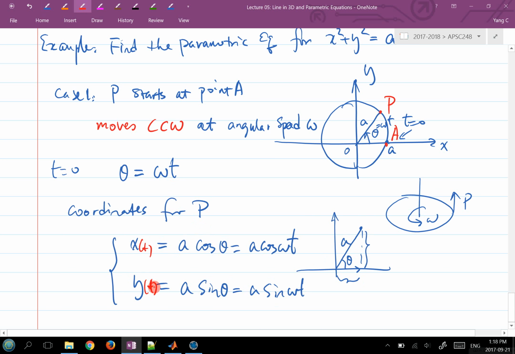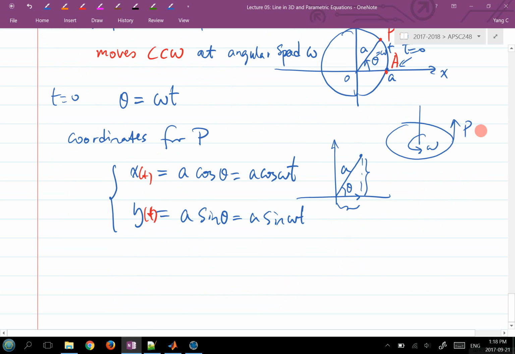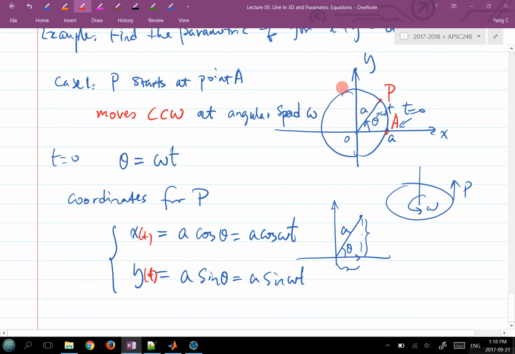So now you look at this one here. The expression is exactly in the parametric equation format, right? And is this the parametric equation for the circle then? Or is this the parametric equation describing the trajectory, which is the circle?